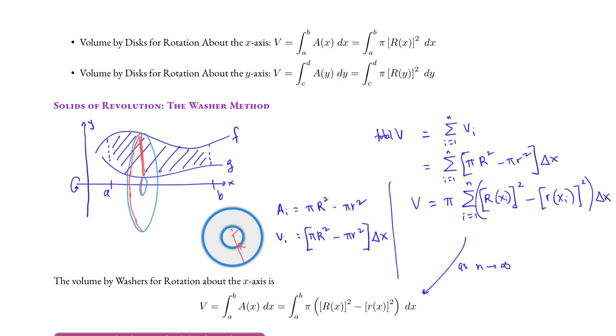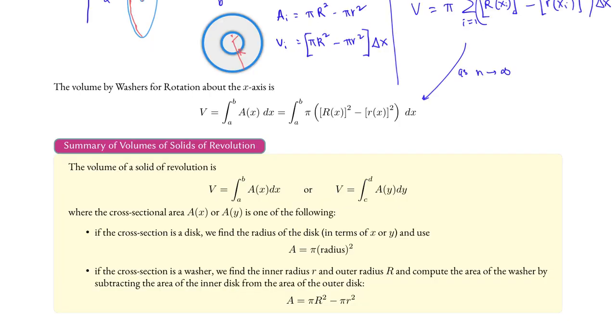We now summarize the results of the volumes of solids of revolution. It is the definite integral from a to b of A of x dx, or from c to d of A of y dy, where A of x and A of y are the areas of the cross-sections.